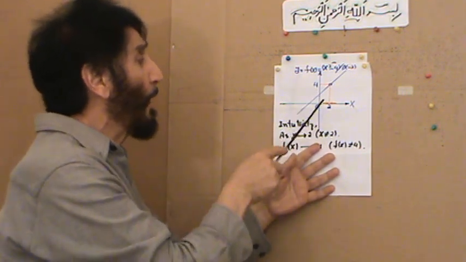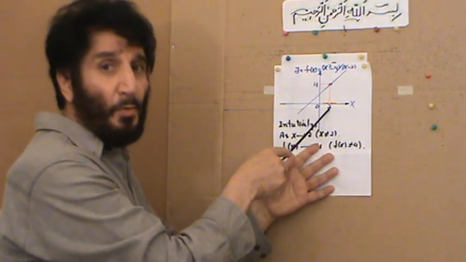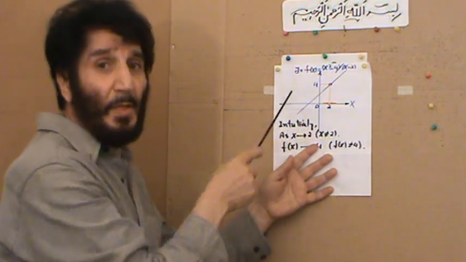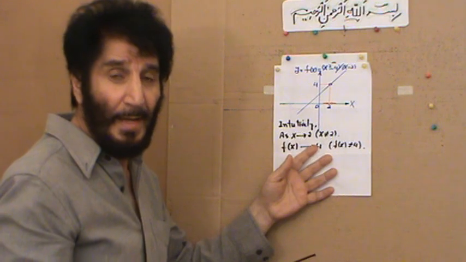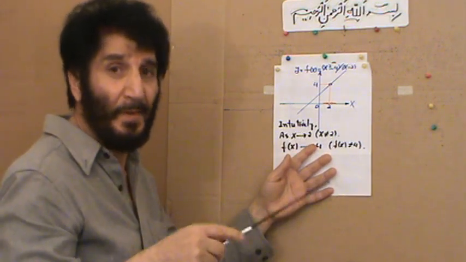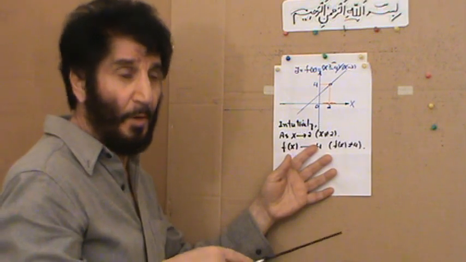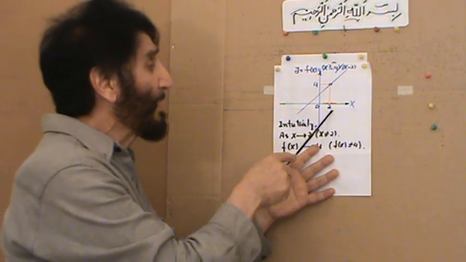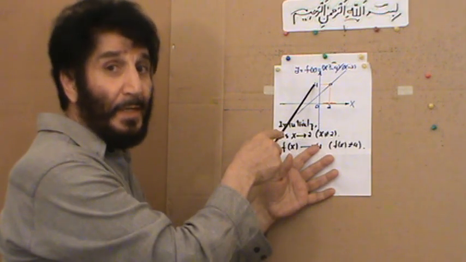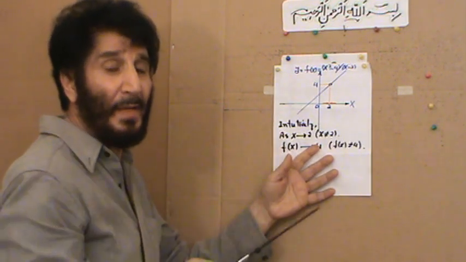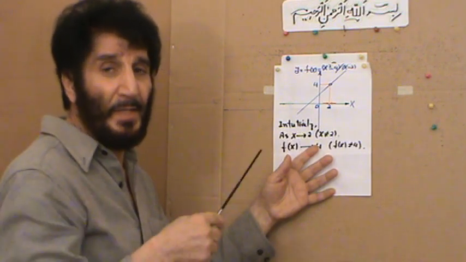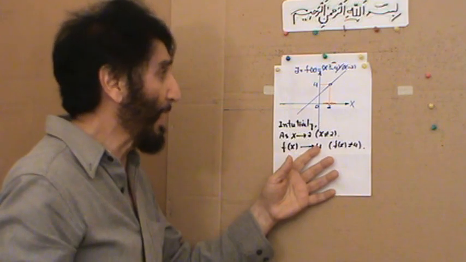But because x is never equal to 2, therefore f of x will never be equal to 4, as the hare would never have caught the tortoise. Do you follow me? So here, because x cannot be 2, f of x cannot be 4 either. But we come back to that when we come to the continuity section of the calculus. But here I do mention a few words about that also.